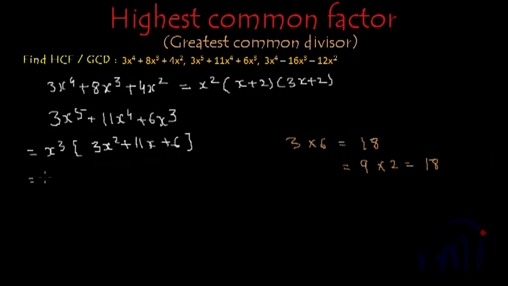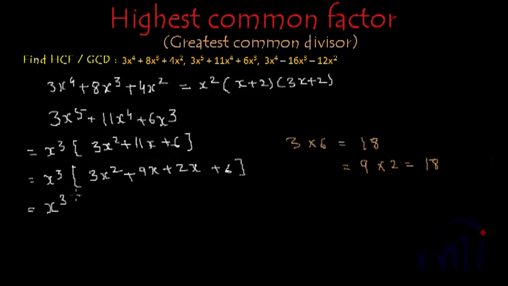So x cube will be written as it is, and the expression inside the bracket we will write as 3x square, and this 11x I'll write as 9x plus 2x, and this 6 will again be rewritten as it is, right?